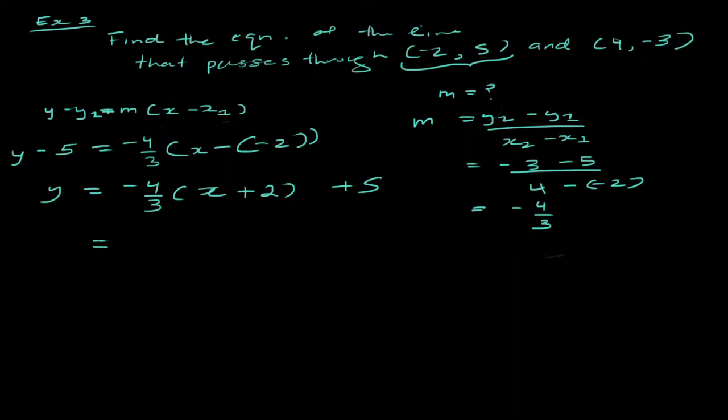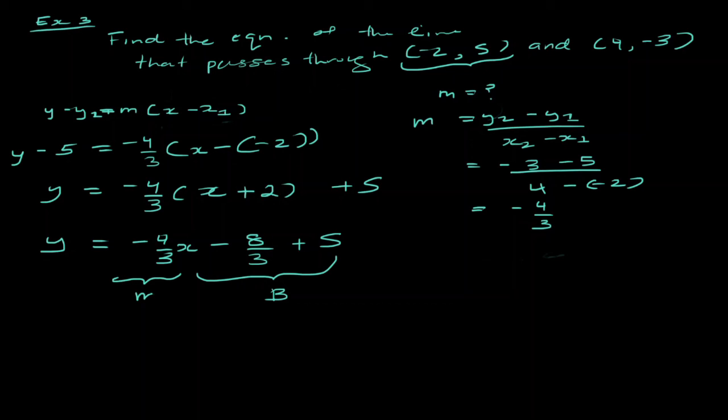Let's expand this out. So you get minus 4 over 3x minus 8 over 3 plus 5 equal to y. You can simplify this down further; I'll just leave it to you guys. But this combination here is the b value, and this combination here is the m value, which is the slope, which we found earlier.